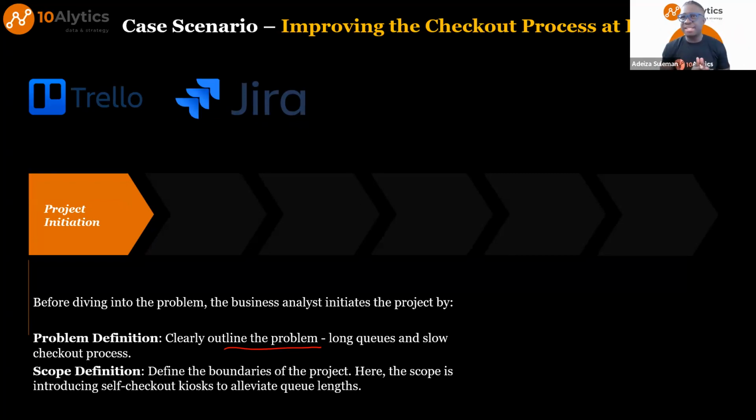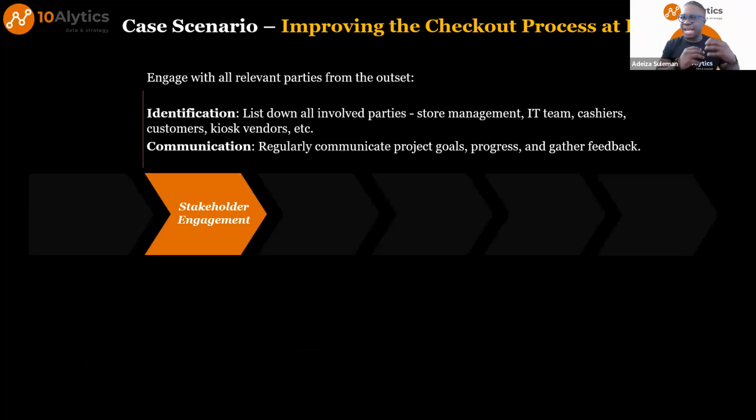So once you've initiated the project, it's then important that stakeholders are also involved so that your project is all-encompassing. Your solution solves the entire project for the business. All right. So you move into stakeholder engagement. You need to engage with all the relevant stakeholders.